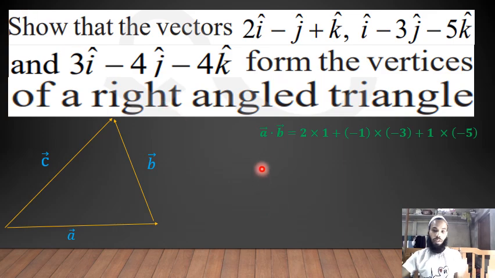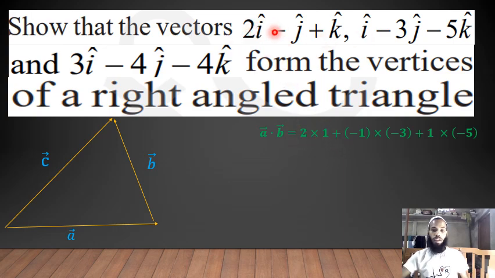Now we know how to perform the scalar product. We have to multiply only the corresponding scalar components. Here 2 and here 1, so 2 into 1.